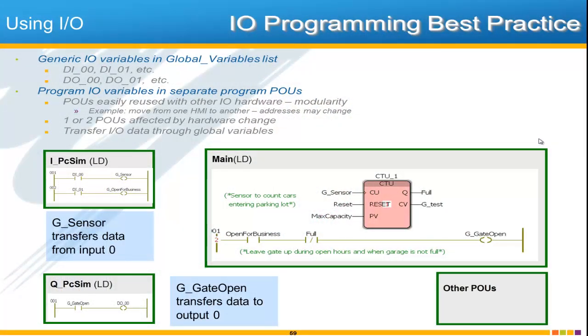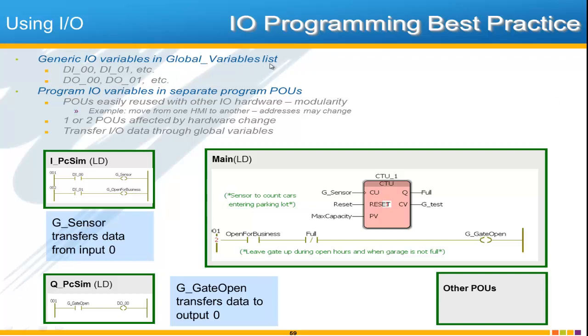We'd like to also show you at this point the programming best practice when you use I/O. And this is also the way that you will see the I/O when you use Yaskawa's MPIEC controllers. We would recommend you use generic I/O variables in your global variable list.